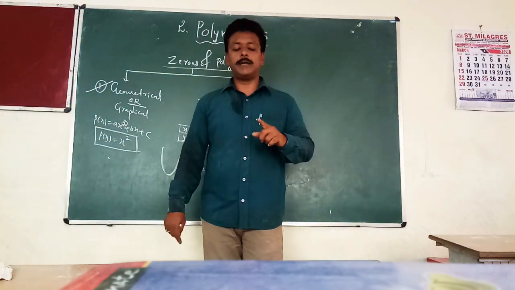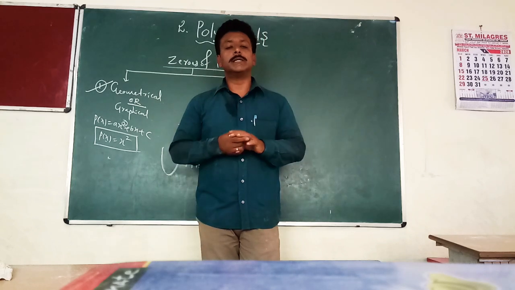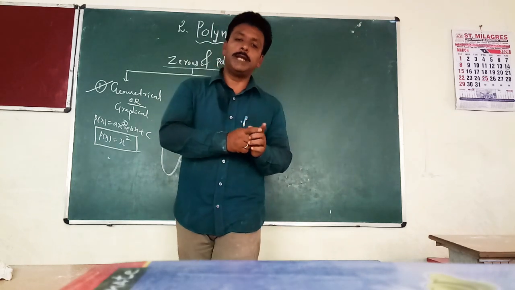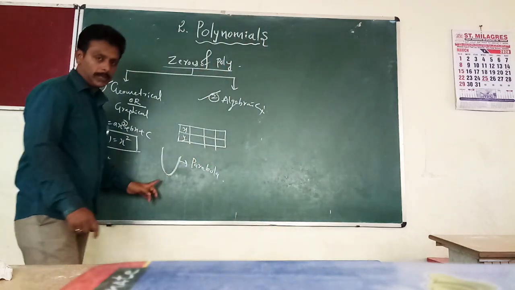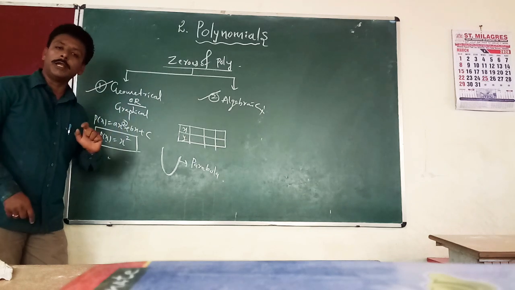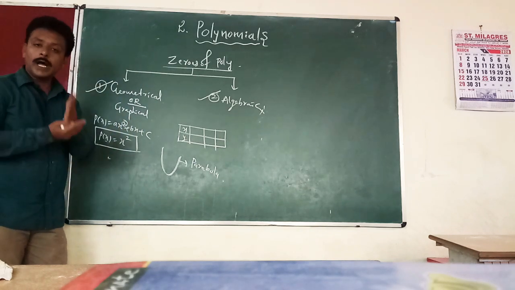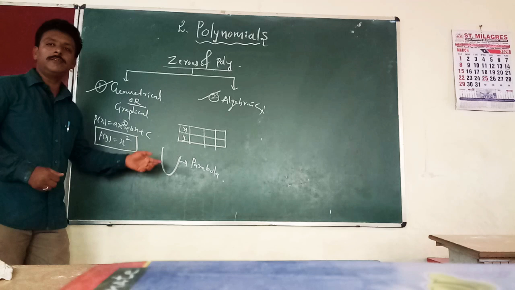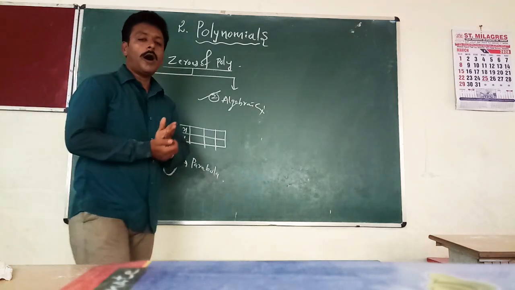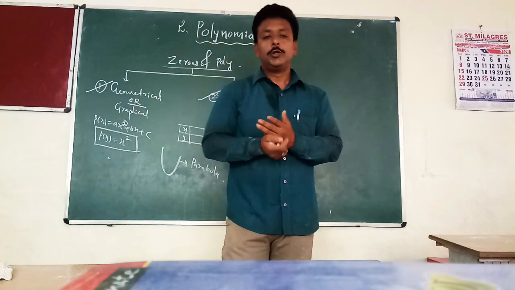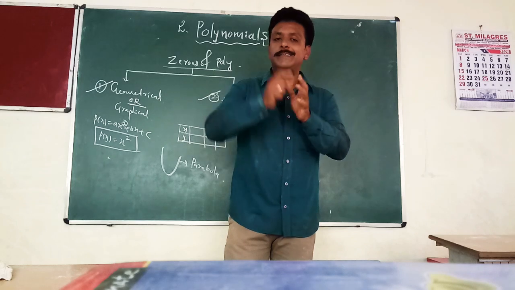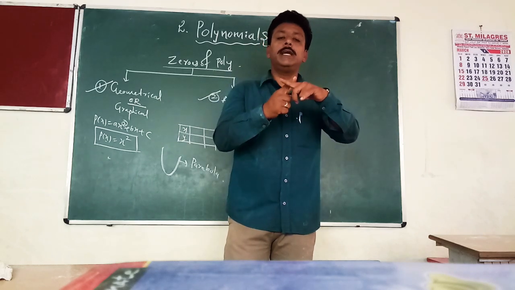In the second part I said the graph of a linear polynomial is always a straight line and the graph of a quadratic polynomial is always a parabola. Whenever you draw a parabola or a straight line, to find its zero you only have to observe where the graph is intersecting the x-axis.